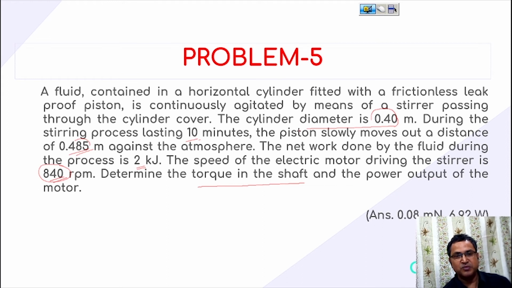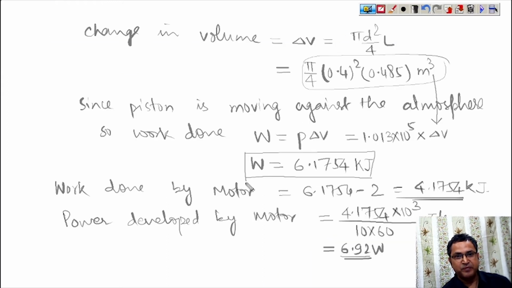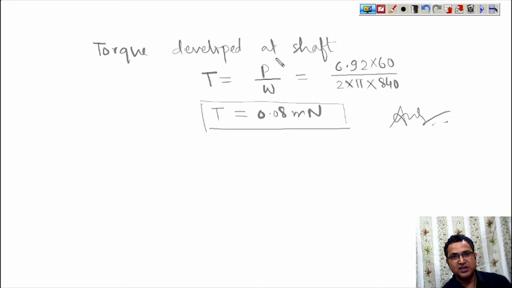So the motor will do the total work minus the work done by the fluid. So you can easily find out the power, work done divided by total time, and then you can use the formula P is equal to T omega. So you will get how much amount of the torque has been developed. Okay.